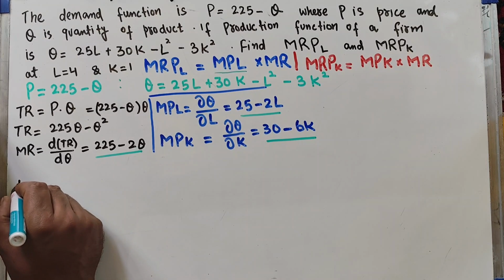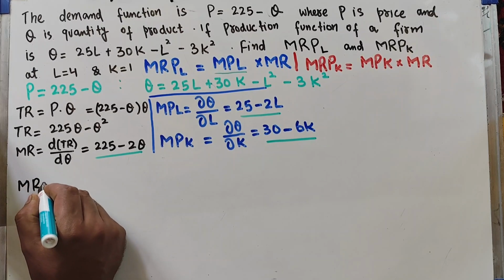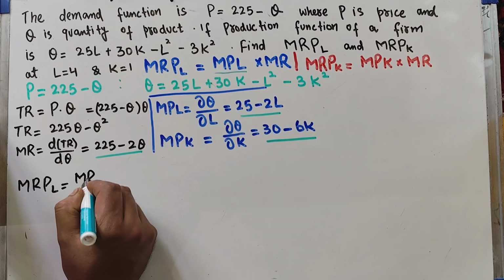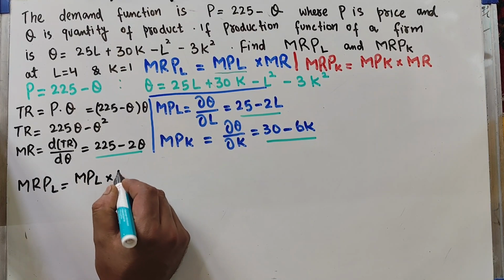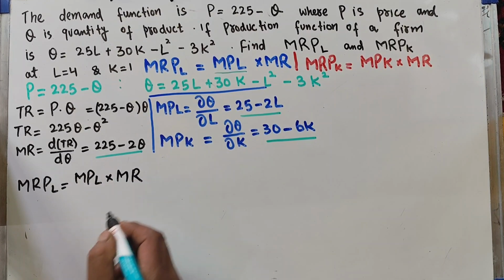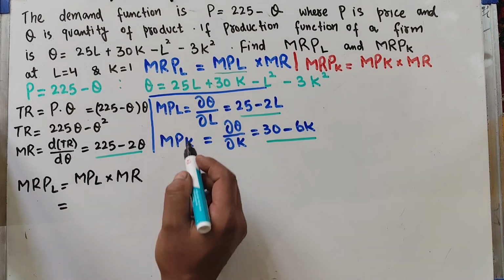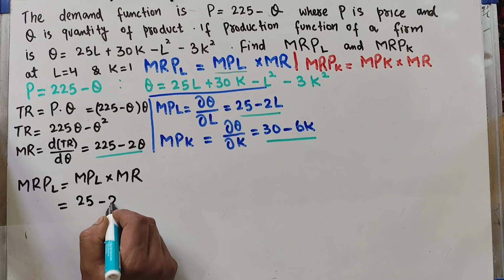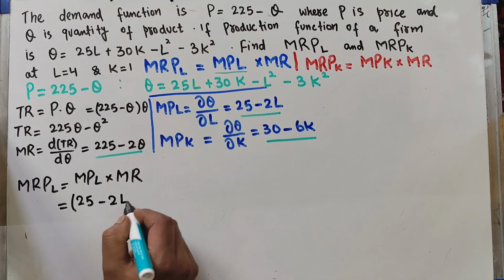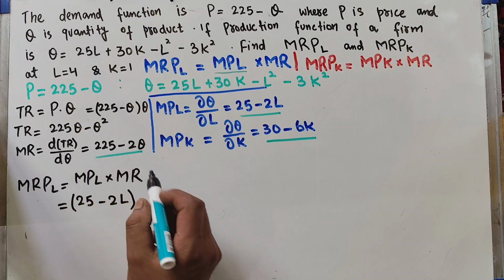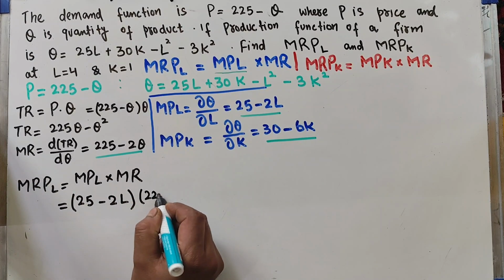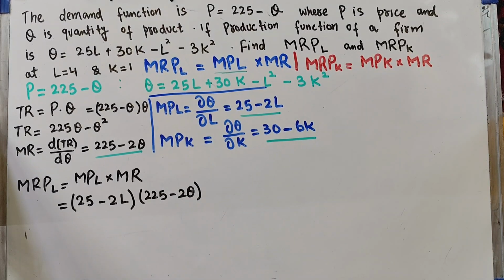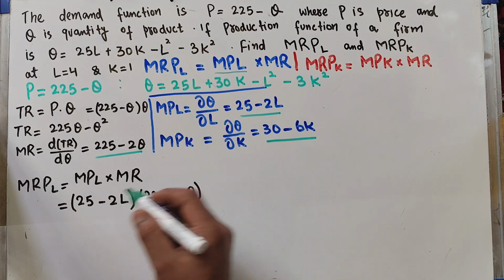Then what will be the marginal revenue product of labor? That is equal to the marginal product of labor times marginal revenue. So what is marginal product of labor? We calculated it as 25 minus 2L. To this we multiply the marginal revenue, that is 225 minus 2Q. And what about marginal revenue product of capital?